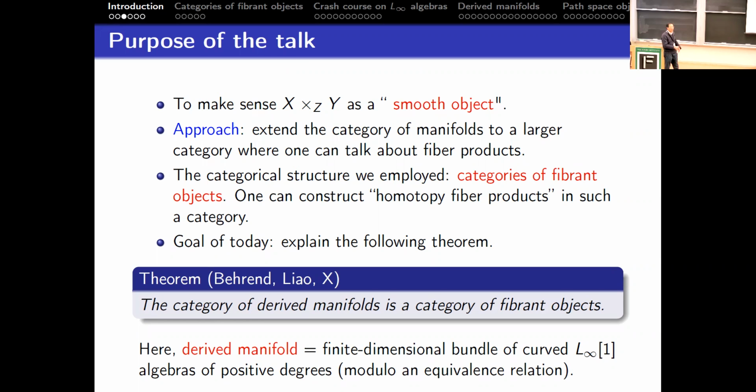The approach is to try to enlarge the category of usual smooth manifolds. The usual category has manifolds as objects and smooth maps as morphisms. Is there any way to enlarge this category so that we can talk about a fiber product?